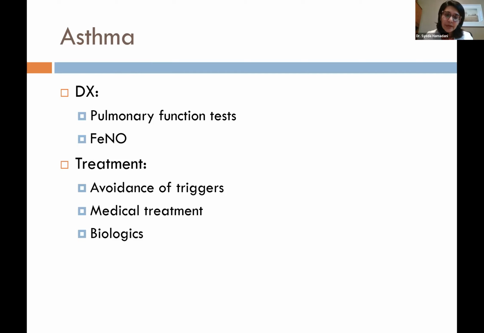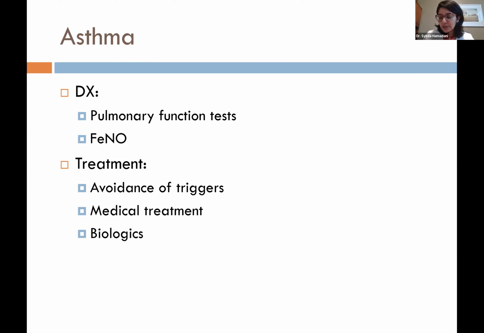There's lots of different medication options. We have lots of different inhalers. That's probably our go-to medical treatment for asthma, but we do have Singulair, which is Montelukast. It's a tablet that we use. For some patients, it works really well. For some people, it doesn't work at all.